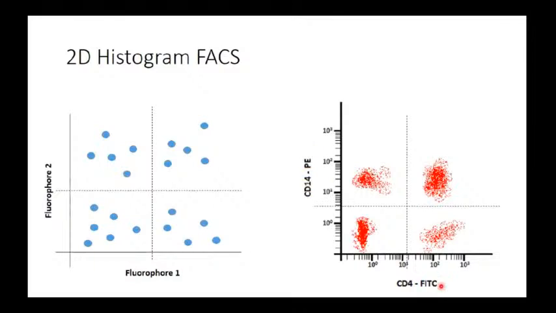We are labeling them with different fluorophores. Then cells in this quadrant are expressing CD14, but they are not expressing CD4, so we have CD4 negative. Cells here are expressing both. They are giving high signal on both of them. So the CD14 positive, CD4 positive.